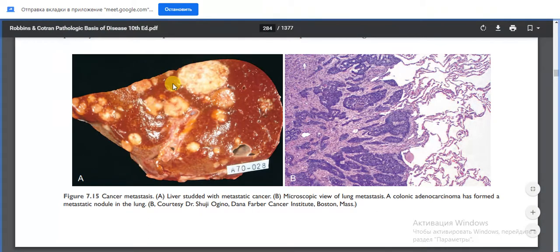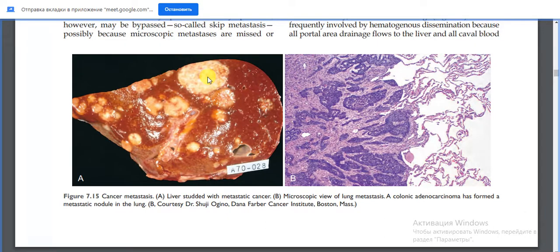And here you see these white patches, they are metastases. And metastases are in the liver. So where do metastases of the liver come from? Here you need to remember the portal vein system. Everything from which the portal vein collects blood might be a metastatic pathway of our body.